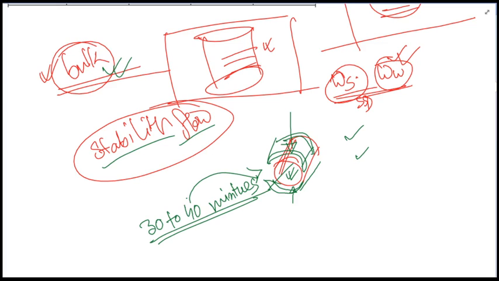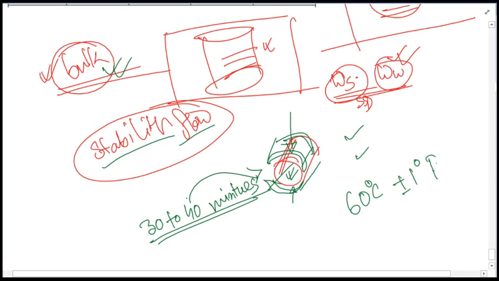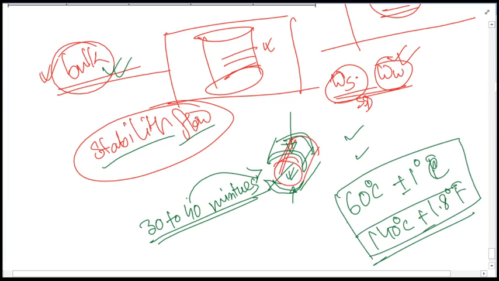That is 60 degrees centigrade plus or minus 1 degree centigrade. That is very sensitive, as you know. You can also say 140 plus or minus 1.8 degrees Fahrenheit. Any of these.